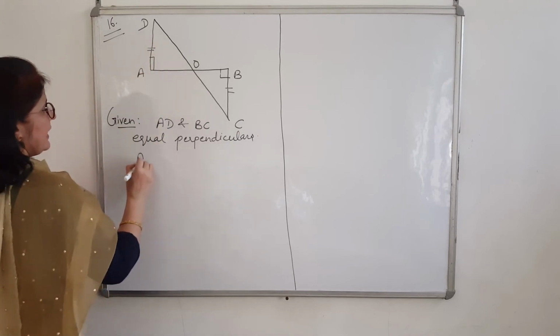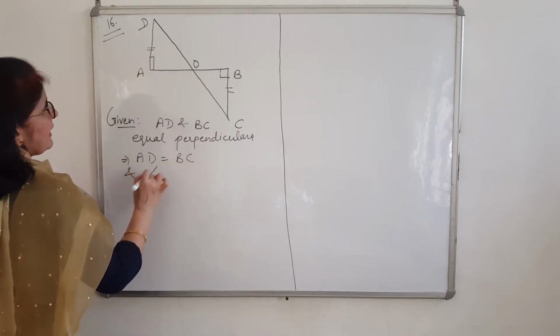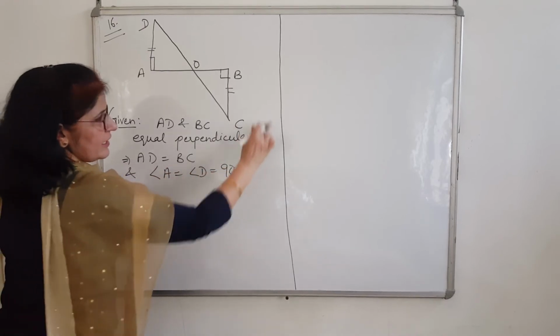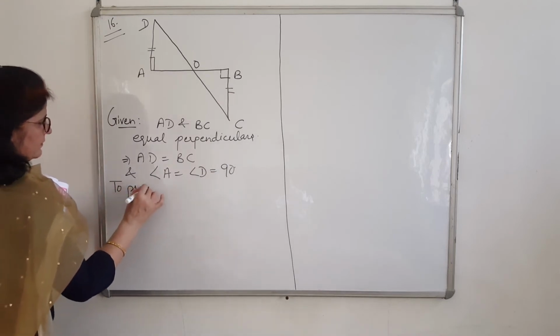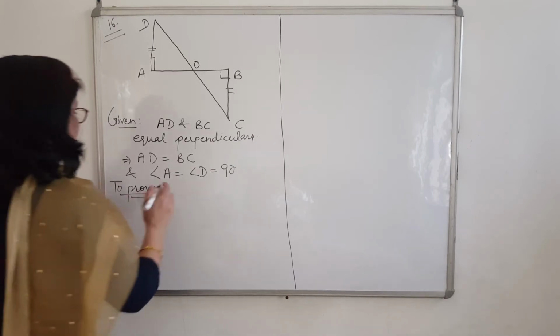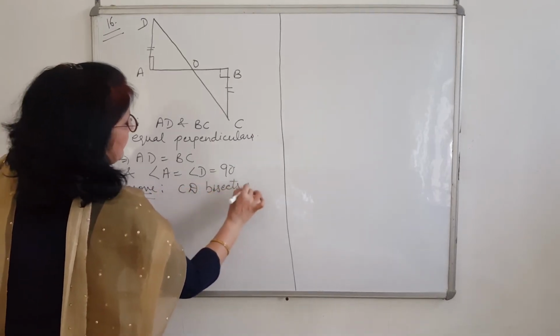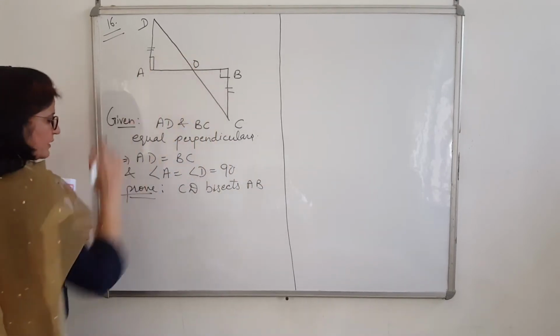That means AD is equal to BC and angle A equals angle B equals 90. These things are given in the question. What you have to prove? You have to prove CD bisects AB. So we'll take these two triangles and make them congruent.